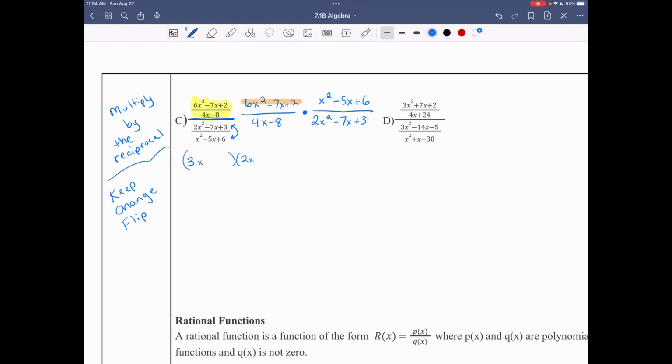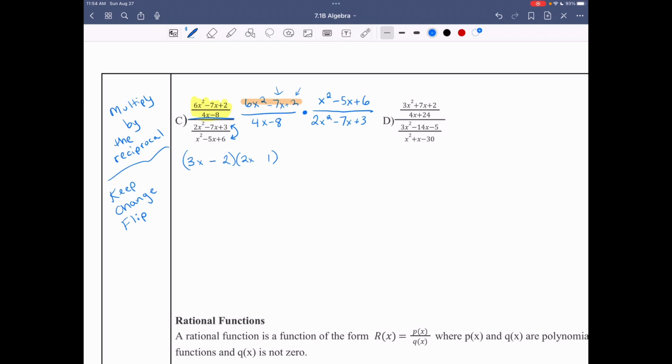This is the guessing and checking. And then I need to get a negative 7 in the center, okay? And we have to have 2 for our C, so we could do 2 and 1. 2 times 1 is 2. They would both have to be negative, though, to get a negative 7.